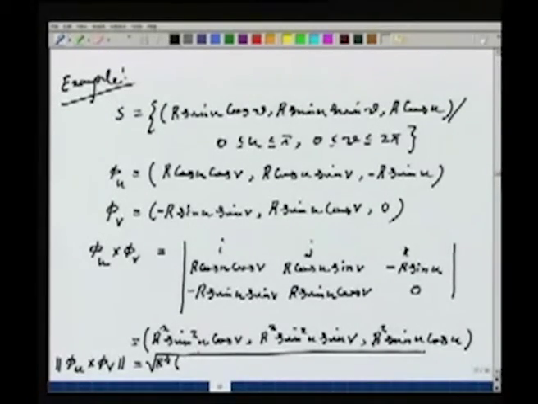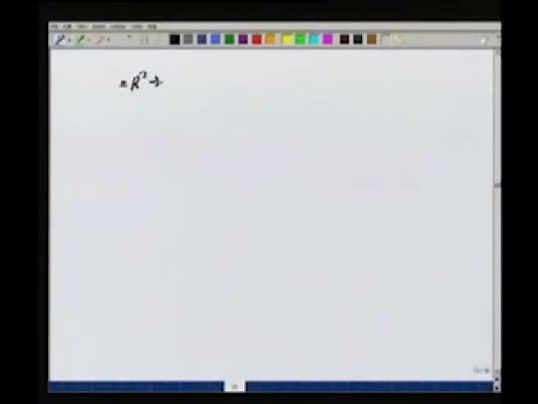Then I have sin to the power 4u cos square v plus sin to the power 4u sin square v, that would produce sin to the power 4 u. And then the next thing is sin square u cosine square u. Okay. If I take sin square common, then I get 1. So the end result is actually equal to r square sin u. Okay. So it does not depend on v.